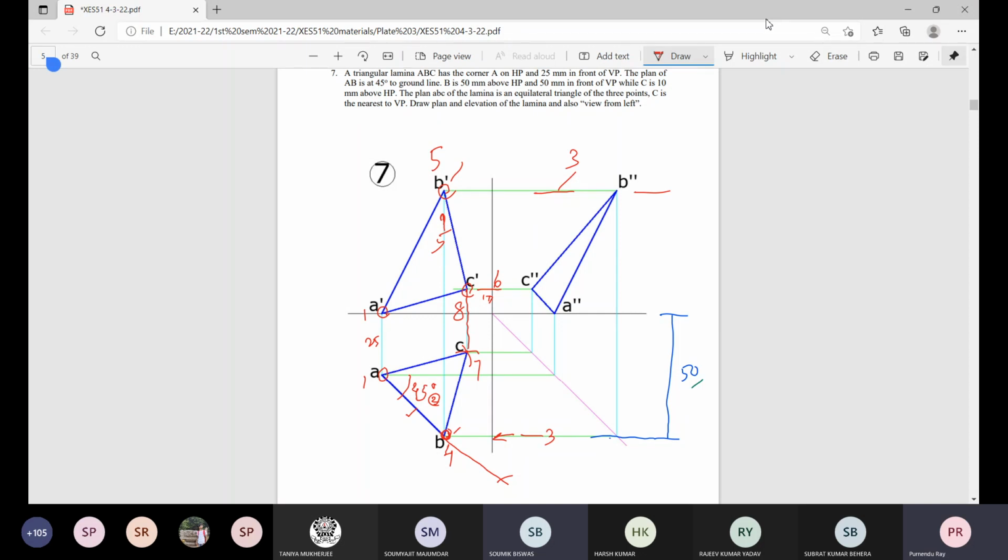What about the side view, or looking from left? At this level, at this distance, A, and B at this location projected here up to this level of B double dash. Automatically C is also up to the 45-degree line, a vertical projector up to this height of C dash. This is C double dash.